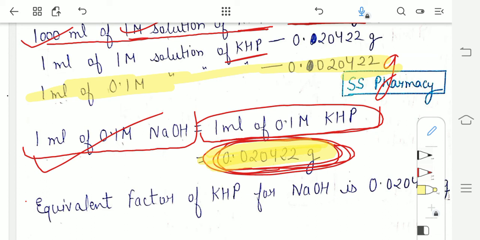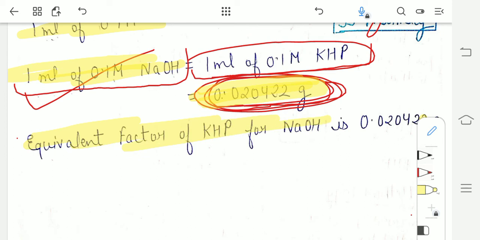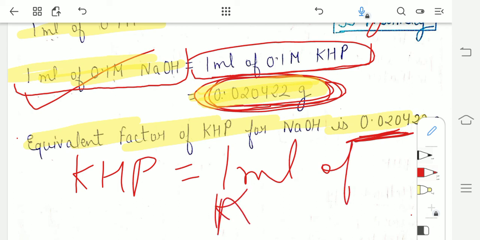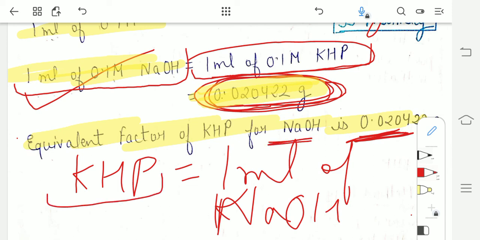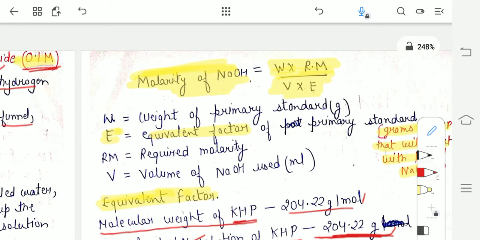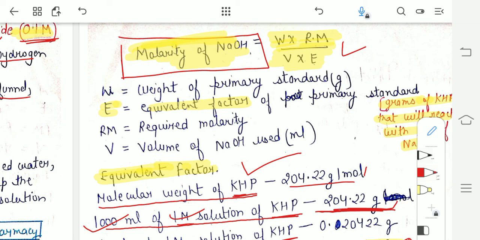Therefore, the equivalent factor of KHP for NaOH is this, which means this much potassium hydrogen phthalate will react with 1 ml of NaOH. I hope it is clear how we calculate the equivalent factor, and by using the equivalent factor and other values, we can calculate the molarity of our NaOH, and then our compound will be standardized.